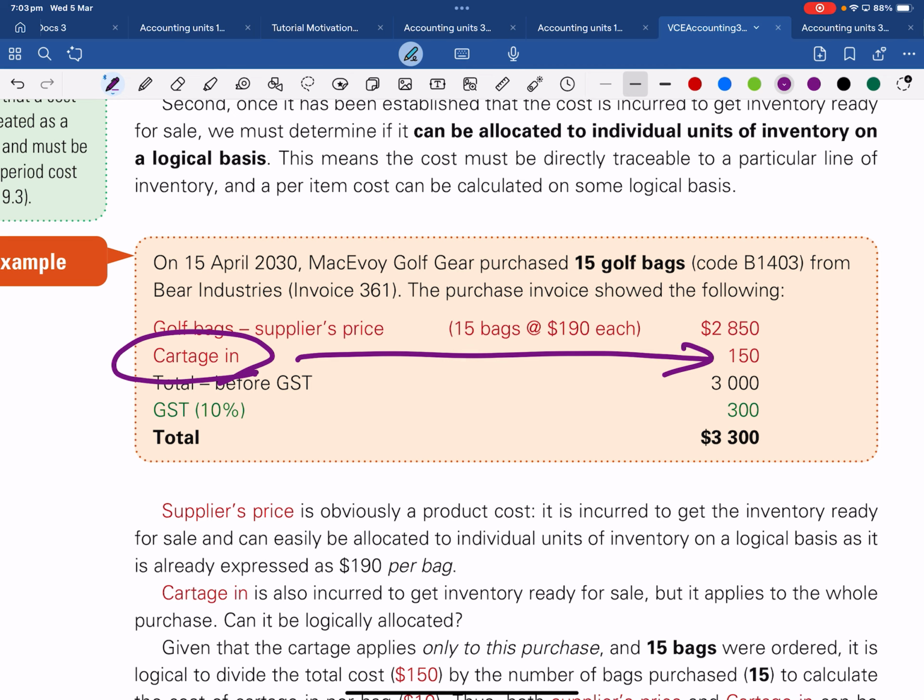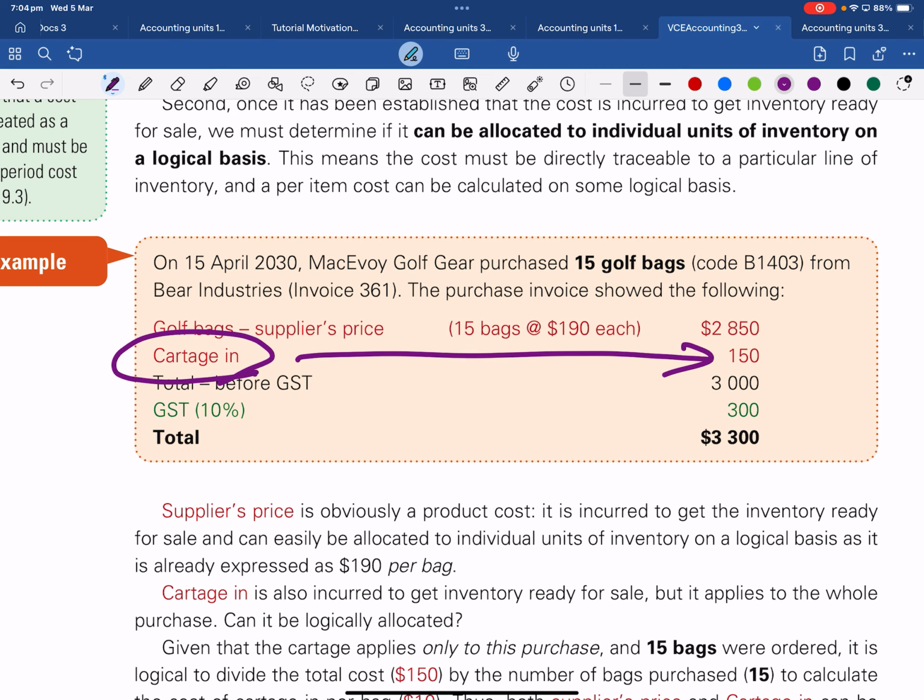Remember my example before? Textbooks and calculators. We can't allocate if we paid 150 for both textbooks and calculators from the same supplier, because they are two different inventory. Let's say we are importing cars and apples in one container and we pay $5,000 to the container.